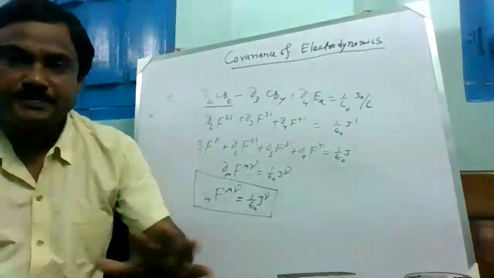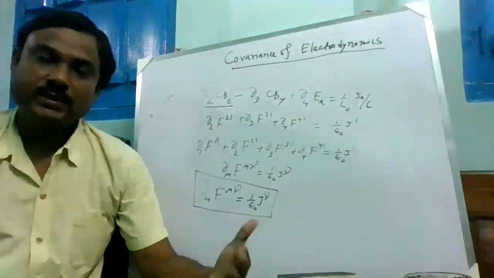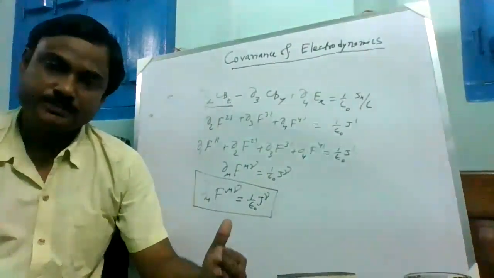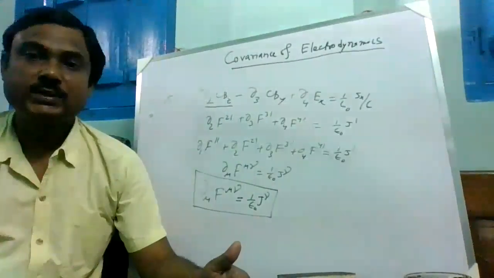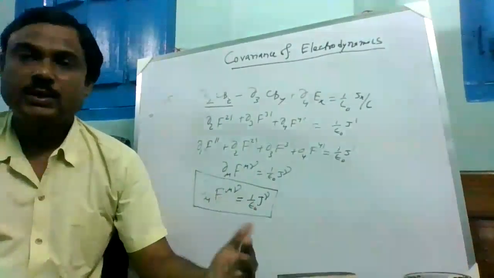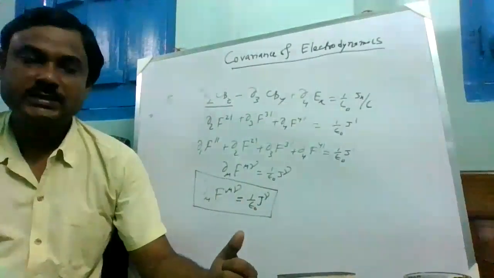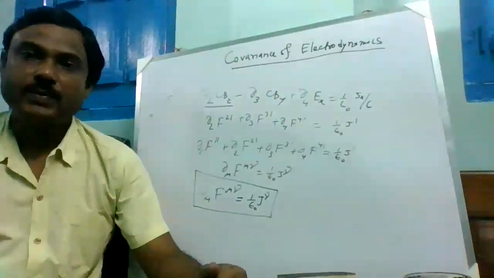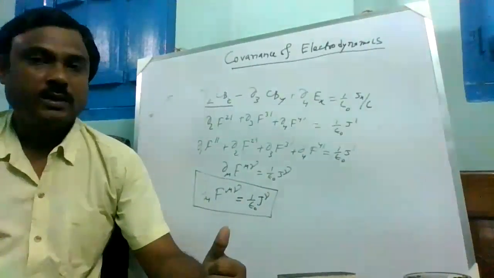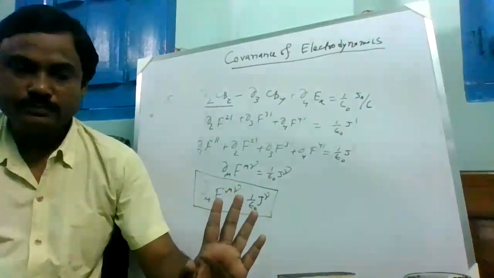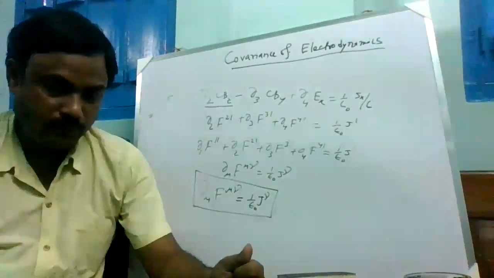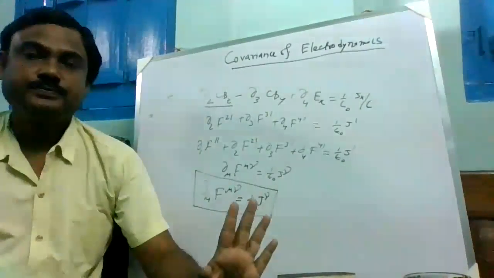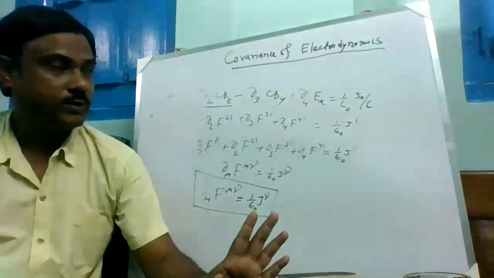So up to this, if I summarize, our progress was very good. We can express the continuity equation in four vector notation. We can express the Lorentz gauge condition, which is an essential condition for potential formulation, in four vector notation. We can express the wave equation in potential form into covariant form also.